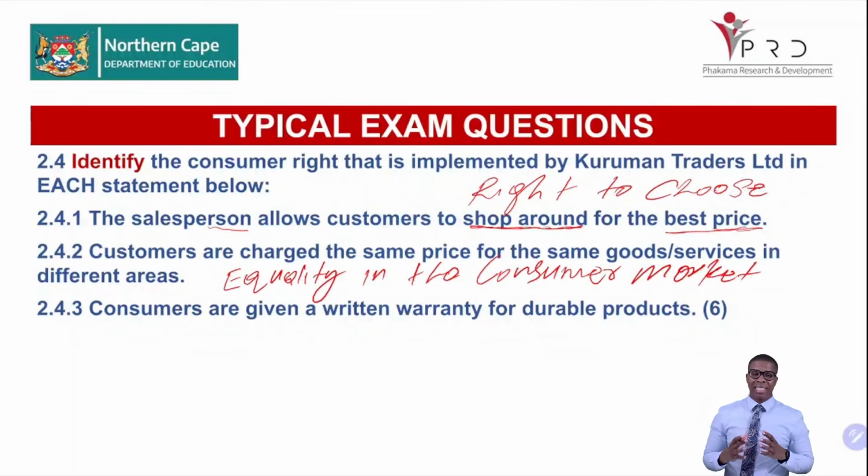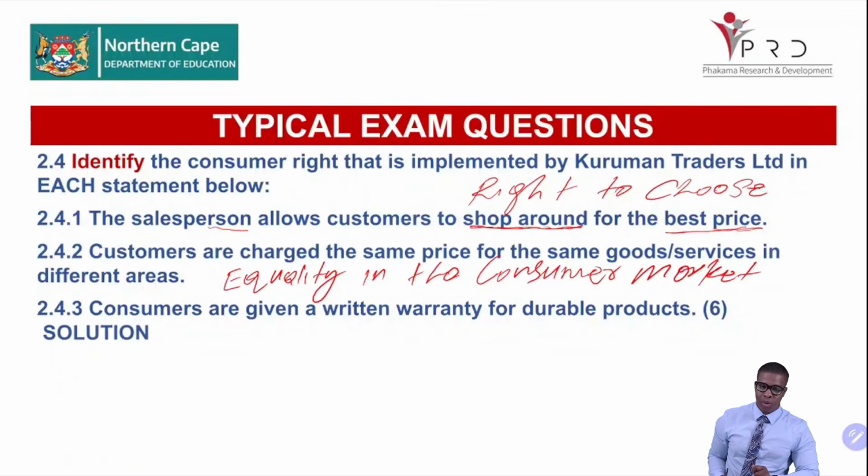A written warranty satisfies the idea that whatever product that we are buying as a consumer, the product is reliable and it's going to last for a very long time, which then talks to the consumer right that we say is fair value or good quality, because the business here is making the consumer feel safe to say whatever the product that we are selling to you is good value and is fair value and is good quality.